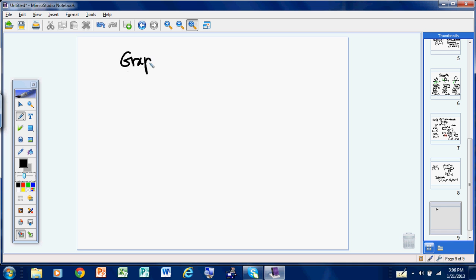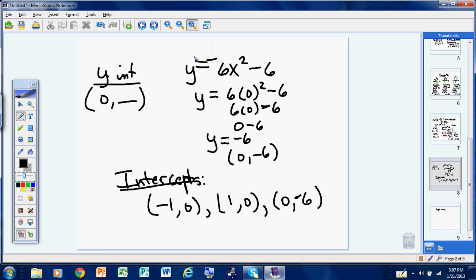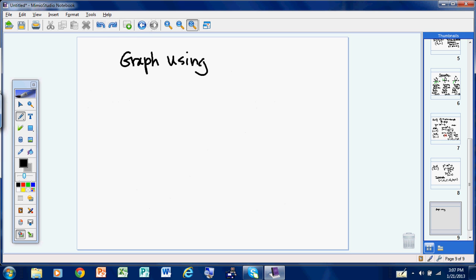We're going to graph using the intercepts.